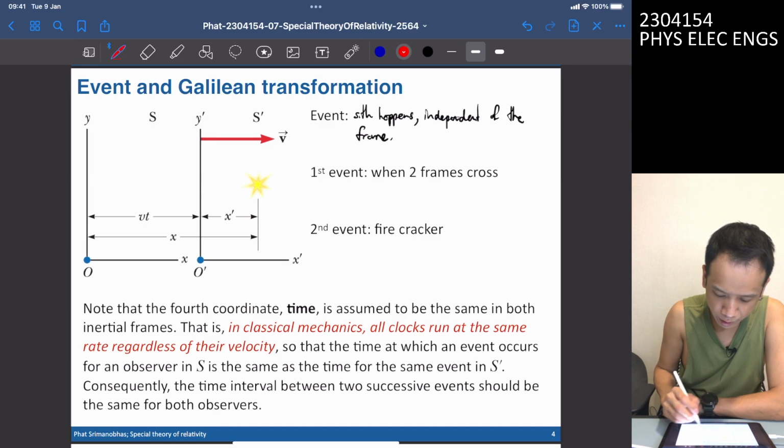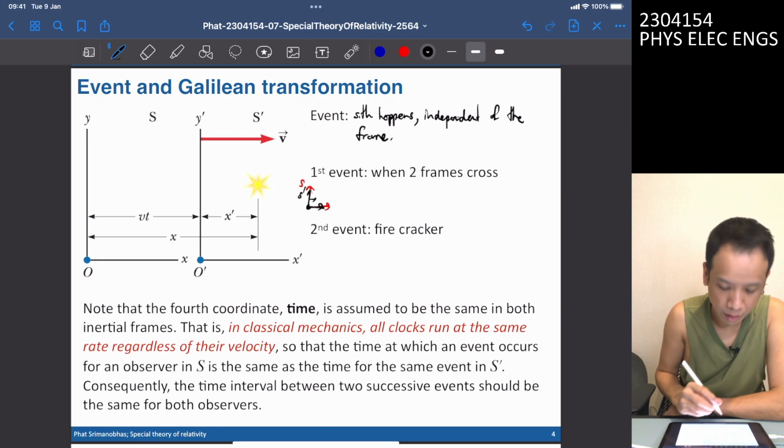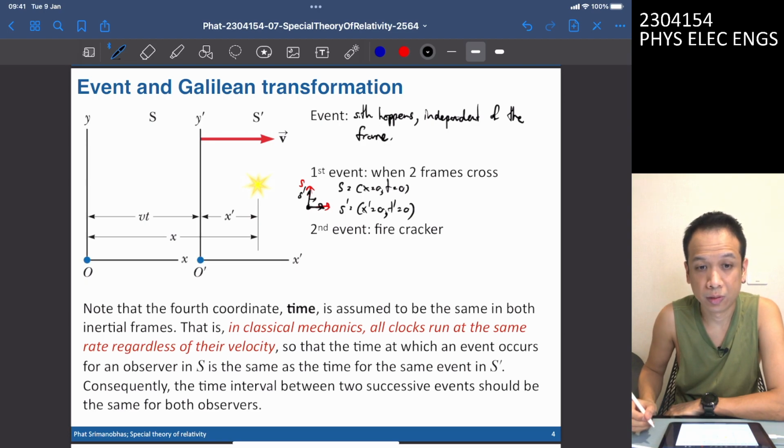You set the first event when the two frames cross, so the origin of S prime is at the same place as the origin of S. So we set x equal to 0 and t equal to 0 in the S frame, and in S prime, x prime equal to 0, t prime equal to 0.